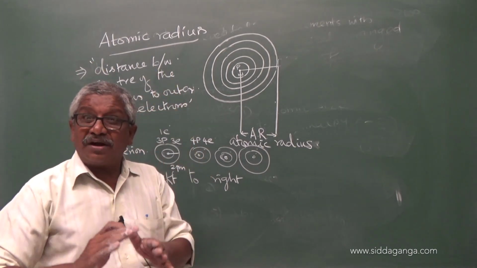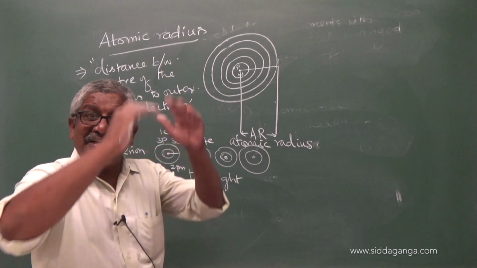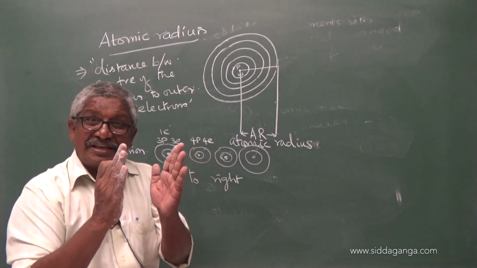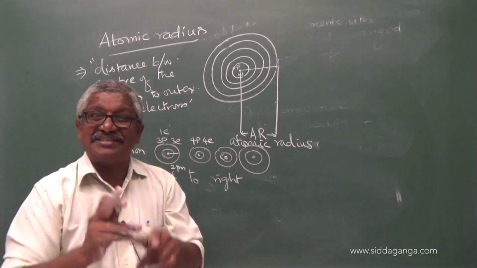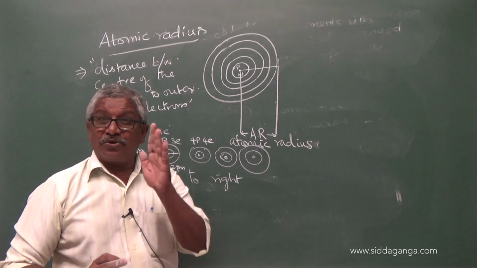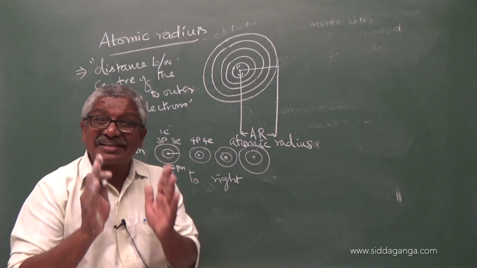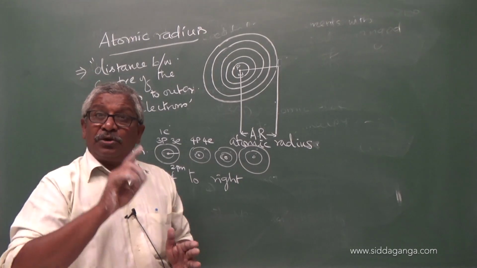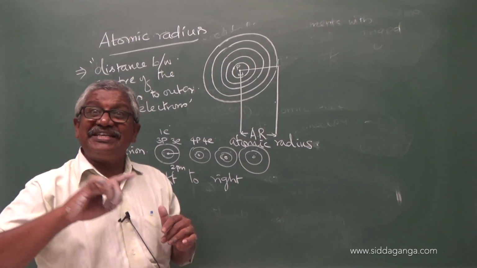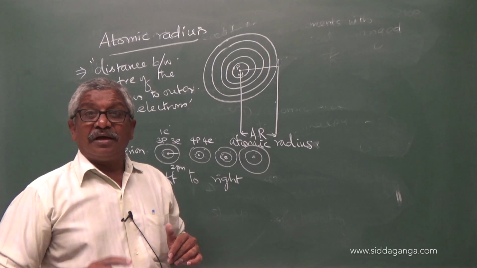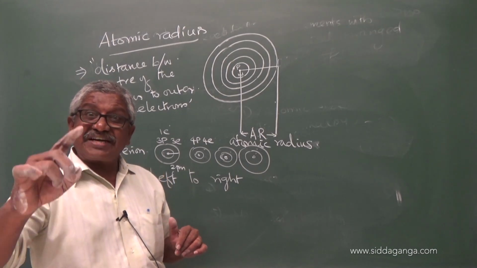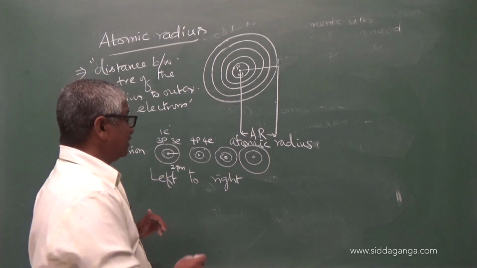If proton number and electron number increase, what happens to the attraction between them? It increases. The attraction between protons and electrons increases. So the nuclear force of attraction increases. Due to the increase in nuclear force of attraction, what happens to the distance?